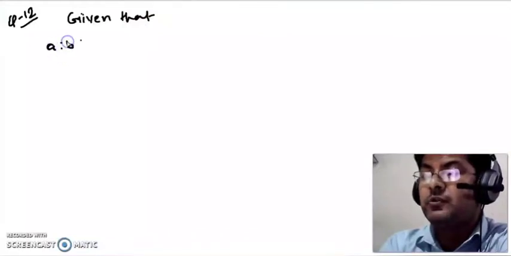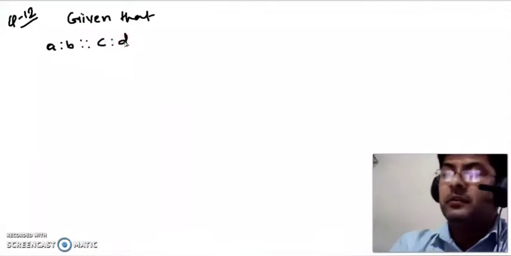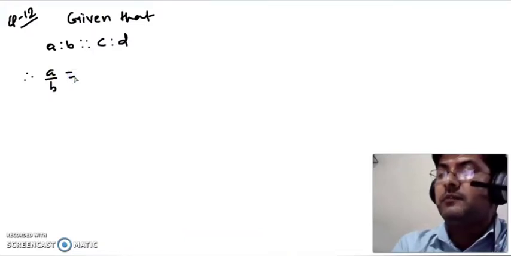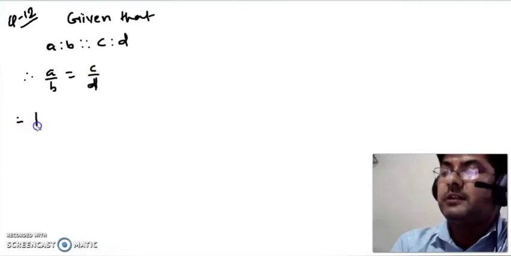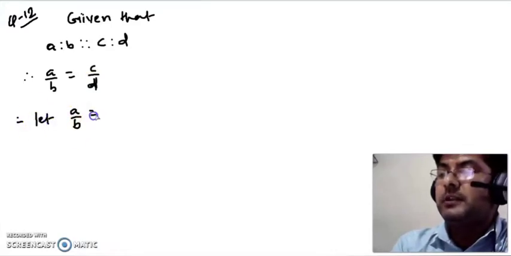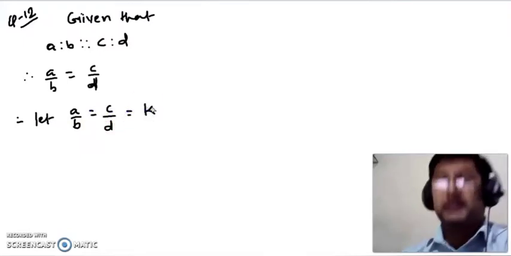It means the ratio a is to b is equal to c is to d. Now for this equality we'll consider some constant. Let a upon b is equal to c upon d is equal to k.